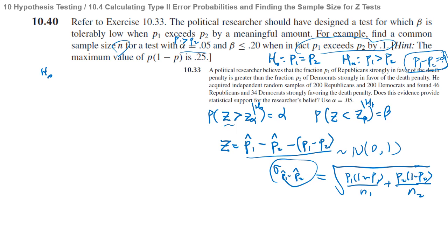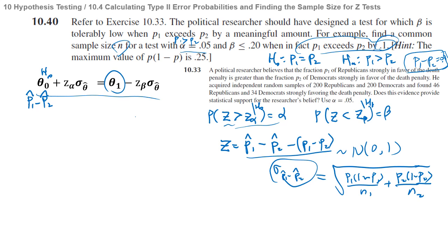You can solve these with respect to P1 hat minus P2 hat, and then again derive this equation. So here theta 0 is P1 minus P2.